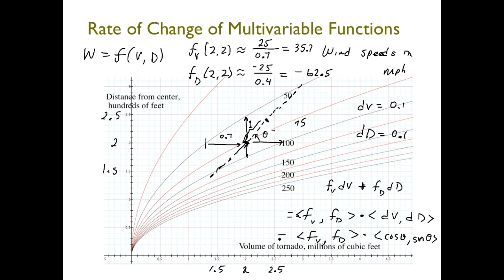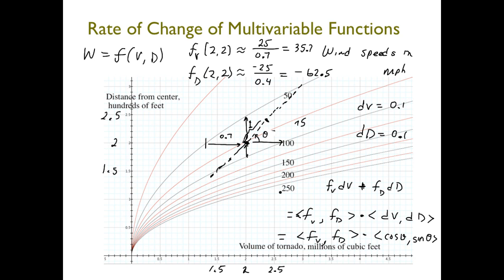So what I can do now is pick any angle theta and create the vector cosine theta, sine theta, which will be the proportional change in v and change in d in the direction of theta to make a unit vector of 1. You see that?